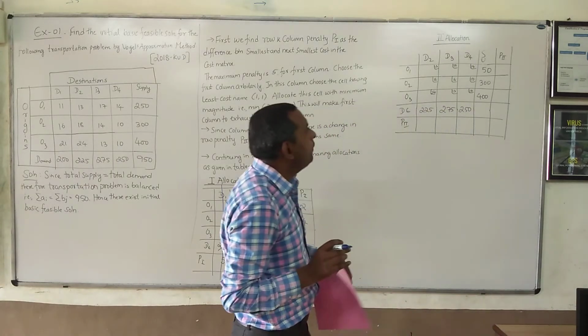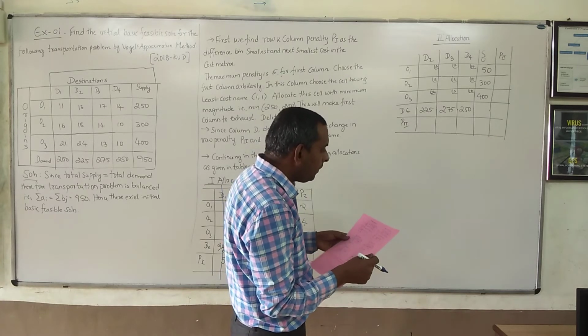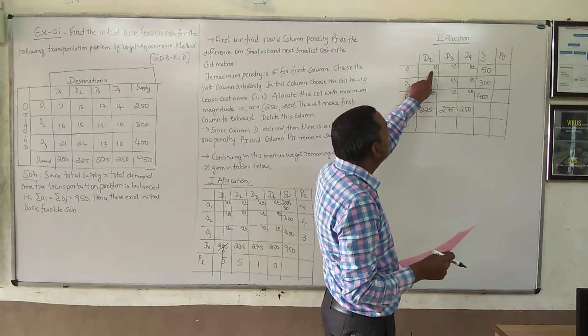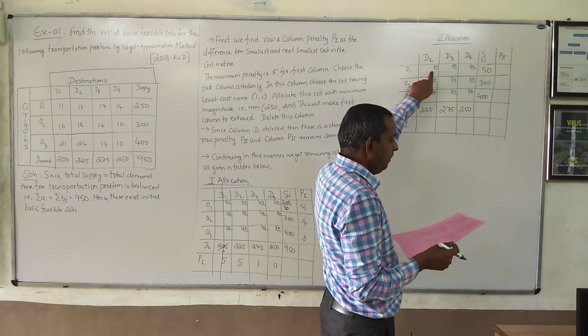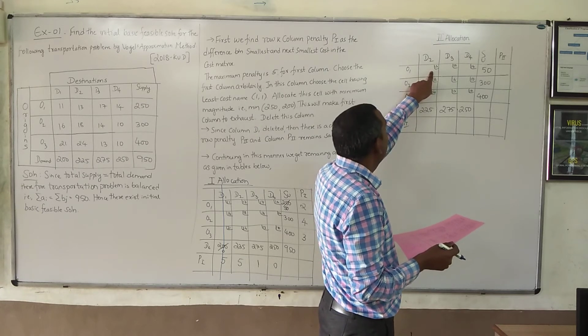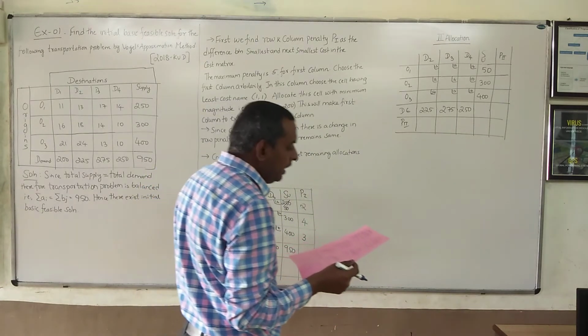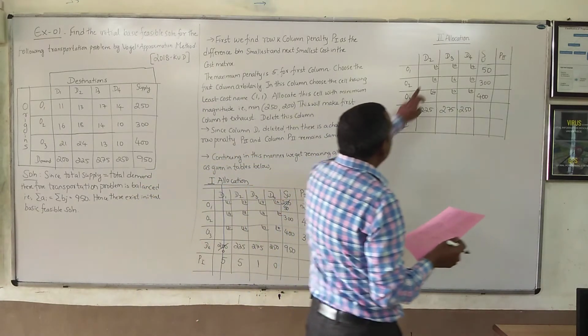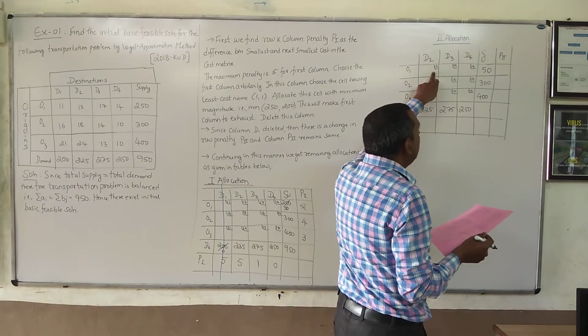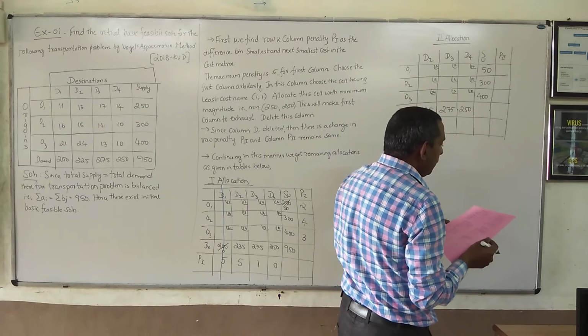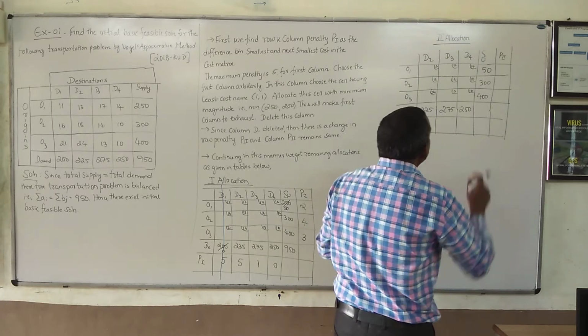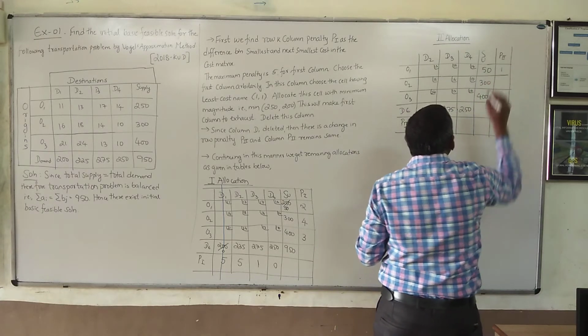So we have to choose again the same. Here 13 is the least, and the next least is 14. It is 1 here.